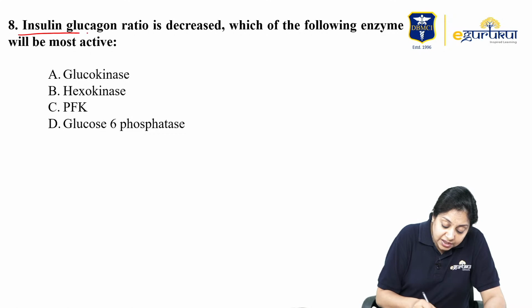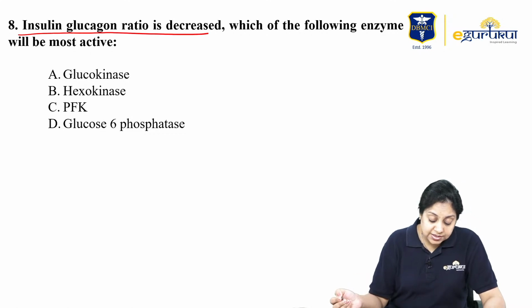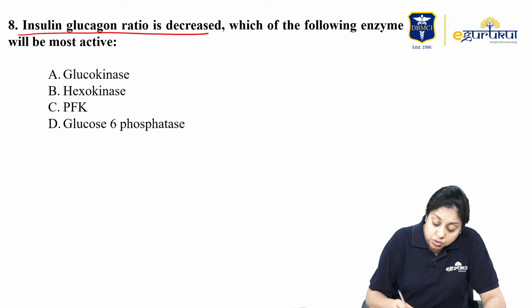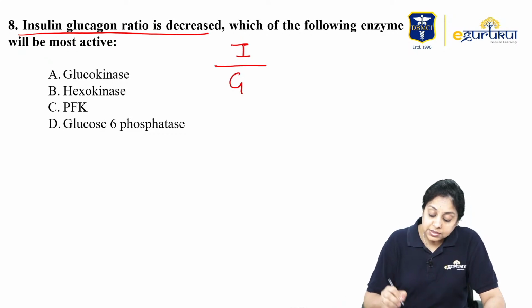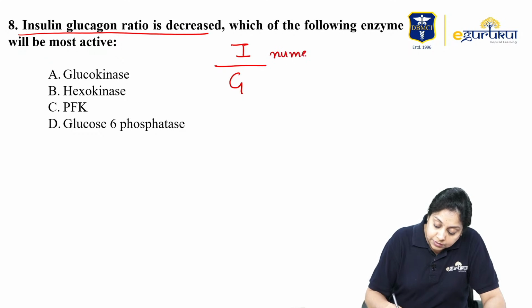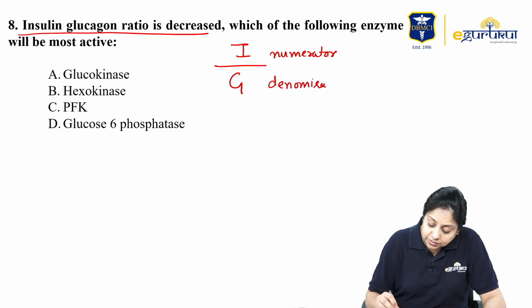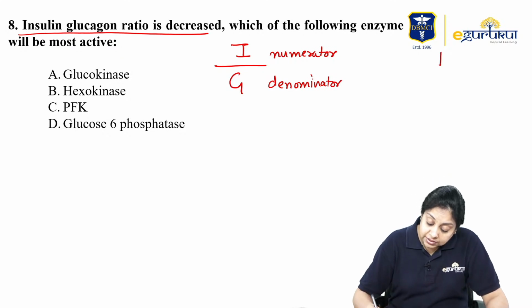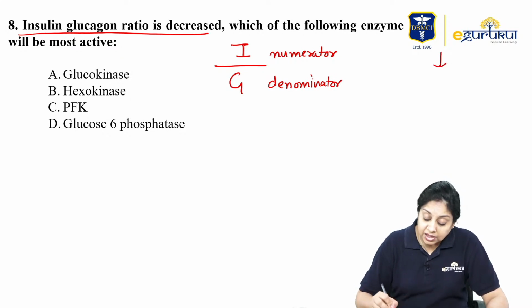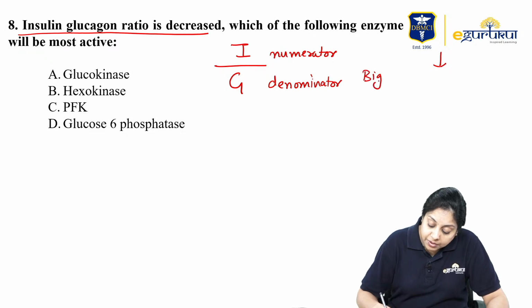Insulin-glucagon ratio is decreased. Which of the following enzymes will be most active? So if I place it like this, insulin to glucagon, this is the numerator. Childish math if we do. Denominator, I'll write this, denominator. If this ratio is decreased, when will this ratio decrease? When the denominator is a bigger number.